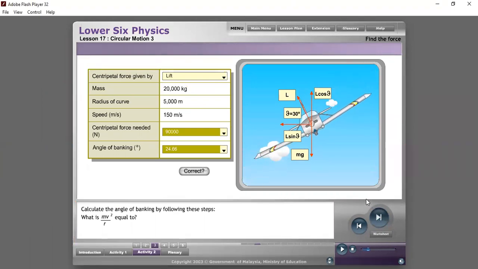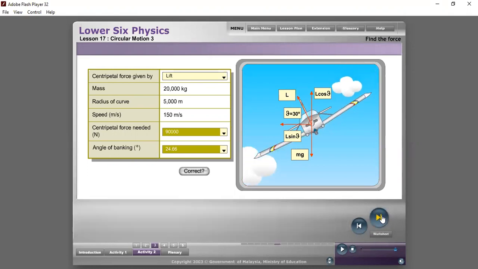Calculate the angle of banking by following these steps. mv square over r, we get squared, over r equal to what? Answer: L sine theta. It's also equal to L sine theta. What is mg equal to?